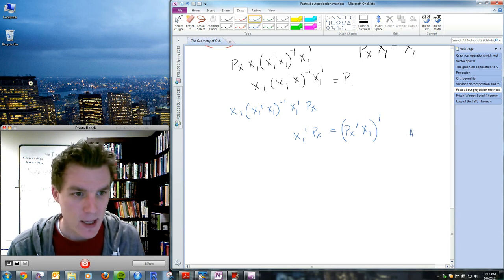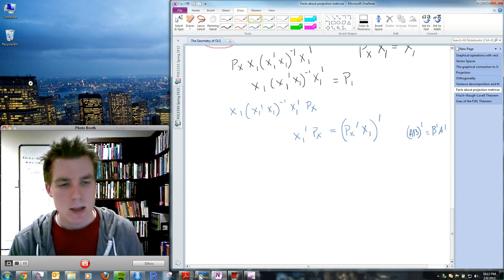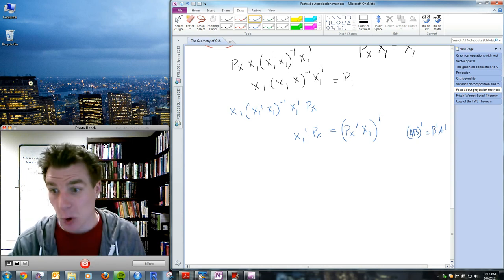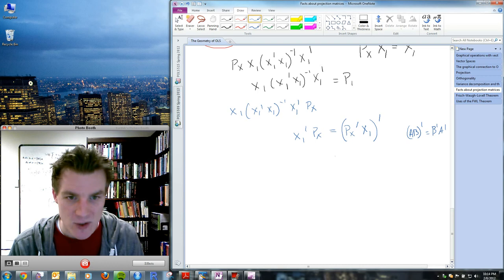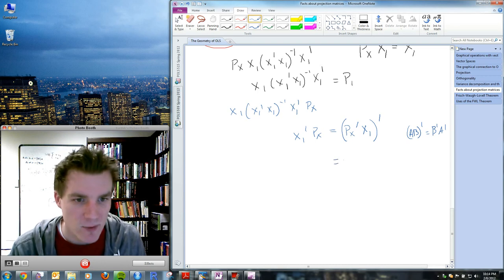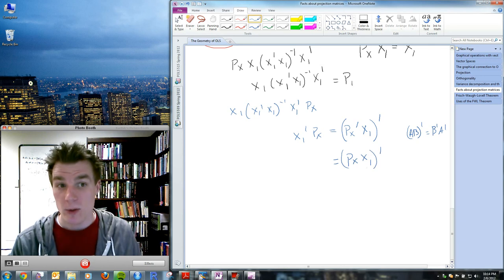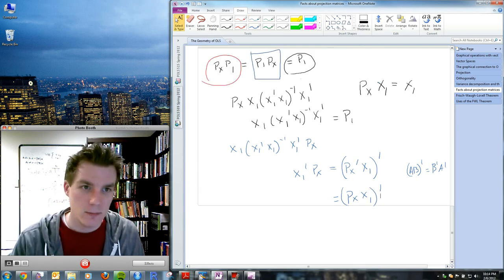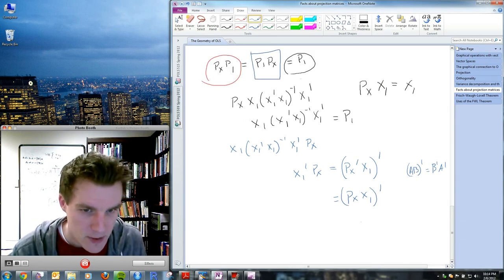All I'm saying is that, like, (AB) transpose equals B transpose A transpose. So this whole thing, transposed again, has to be that. So what's Px transpose? Earlier we noted the theorem that Px transpose equals Px. So we can rewrite that as (Px x1) quantity transpose. What's Px x1? We already decided up here it's x1. So we get x1 transpose.